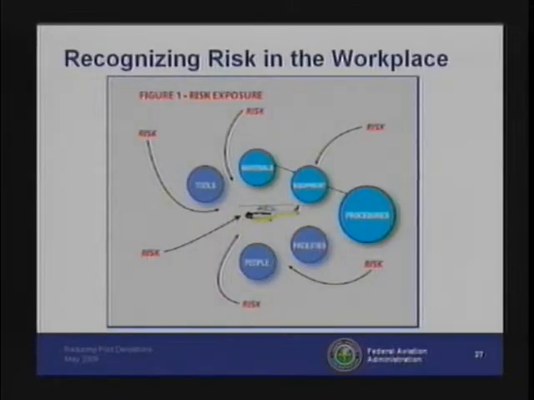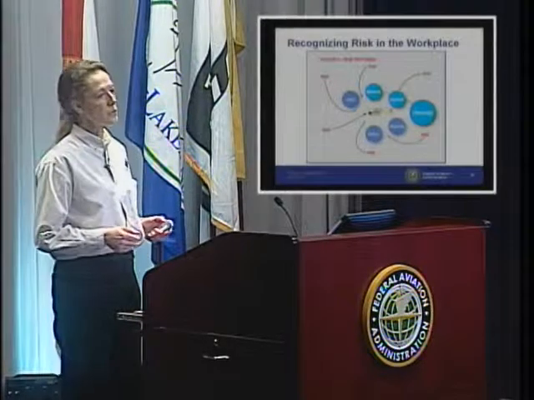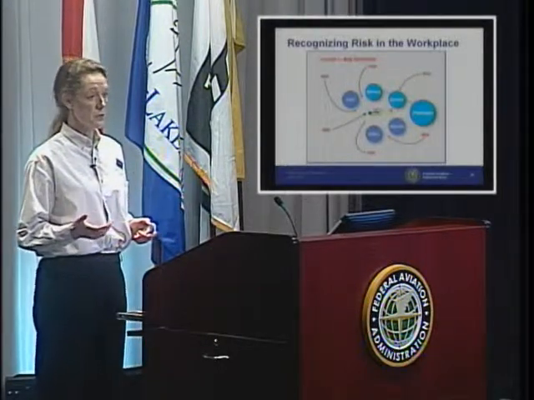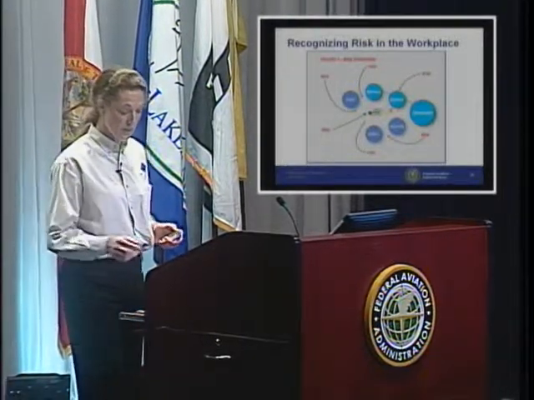So, recognizing risk in the workplace: the FAA, through the FAST team, is proactively developing an accident, incident, or deviation intervention strategy using a system safety concept that was originally designed for inspector training in 2005.